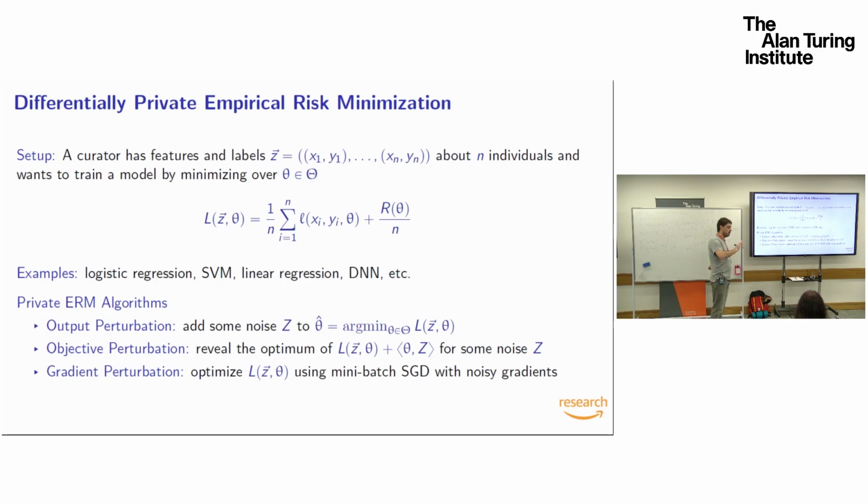And by composition, because the output is obtained by a sequence of differentially private gradients, the output will be differentially private. And then all you need to do to calibrate this is to compute how much the gradients change. It turns out that it's much easier to compute how much the gradients change than how much the output changes when you perturb the objective randomly.